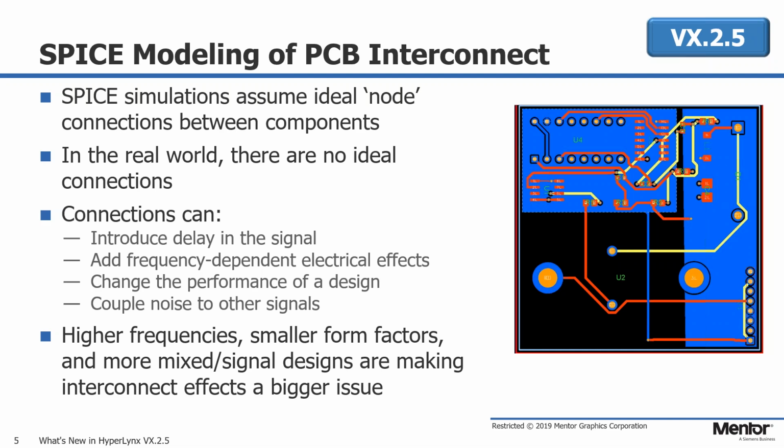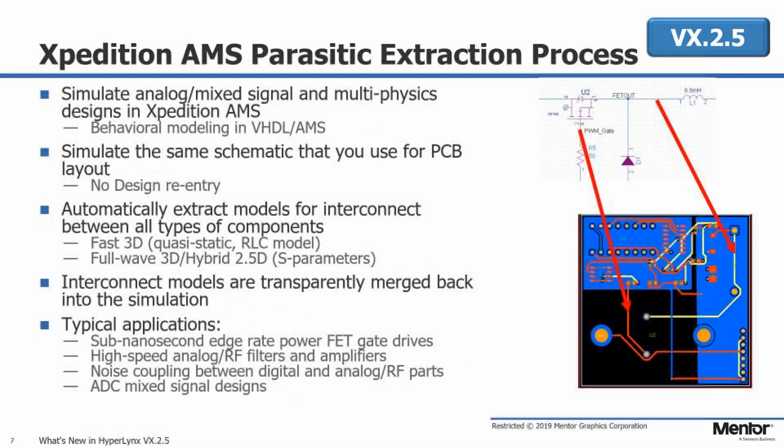And we've been working with that in a number of ways. Now we've simplified the process of getting that transmission line data back to the SPICE simulation, incorporating it in that, and making it easy for people to simulate that full system.